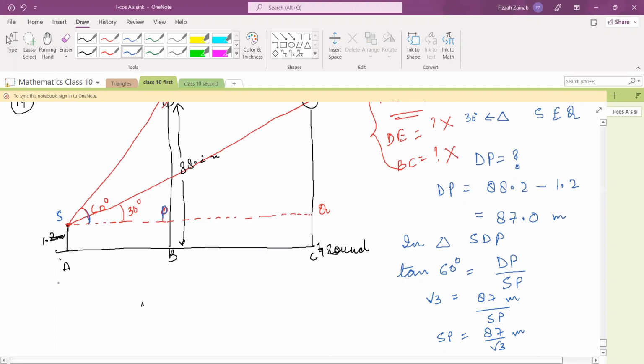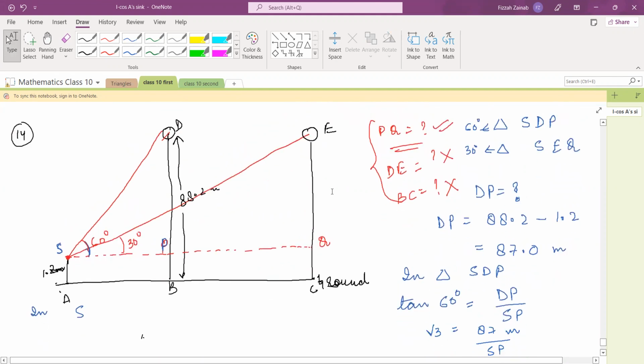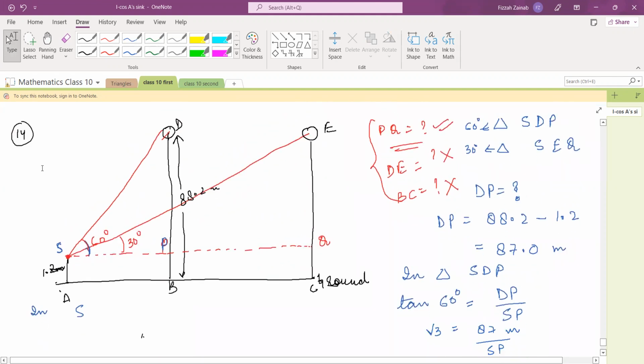Now come to another triangle. The other triangle is this one, SEQ in the figure. Can everyone see the triangle SEQ in the figure?